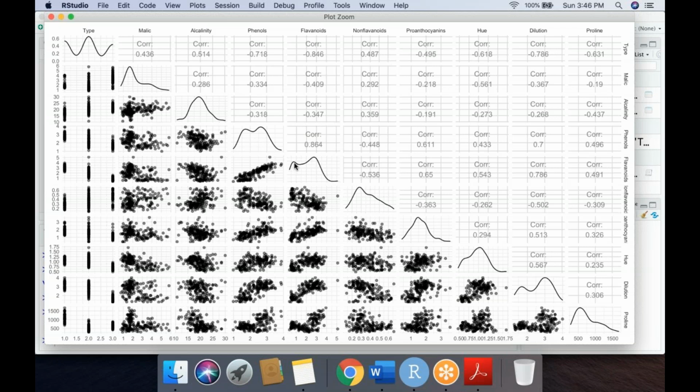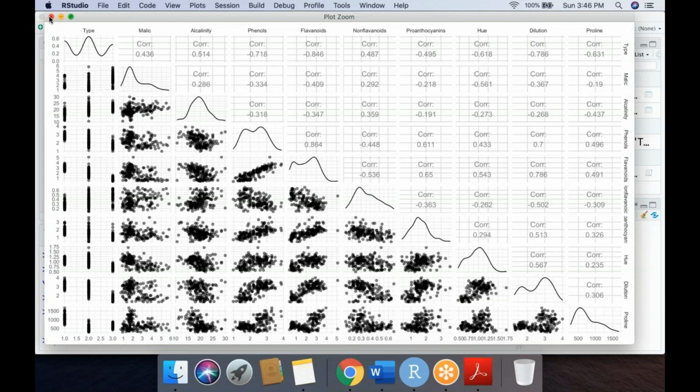Non-flavonoids is also normal, and proanthocyanins also normal. Hue is also normal. Dilution has two humps, but almost normal. And proline, as we have identified before, is a bit right skewed.